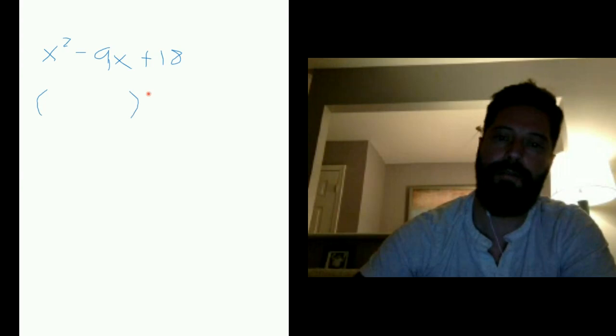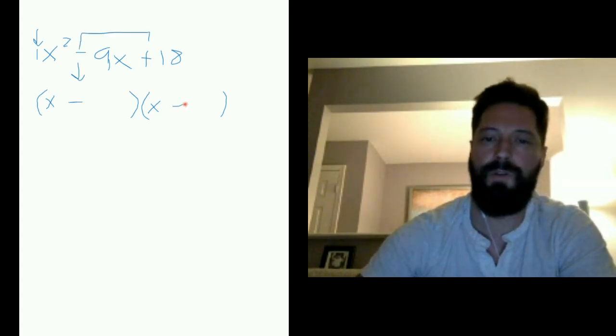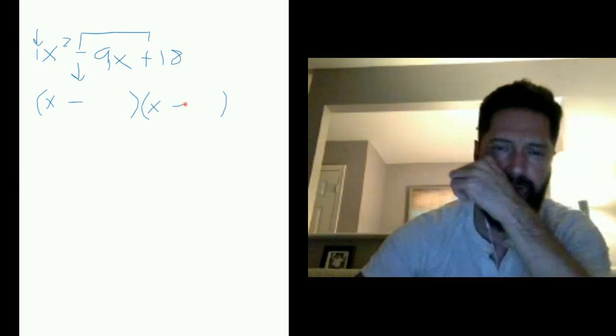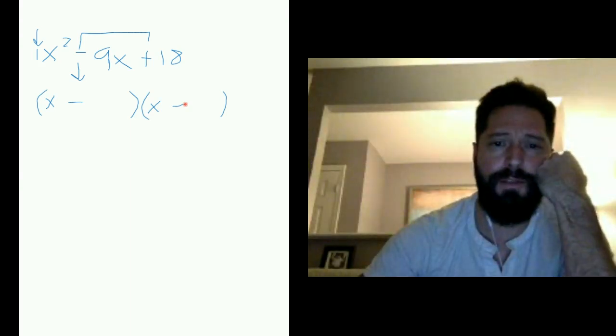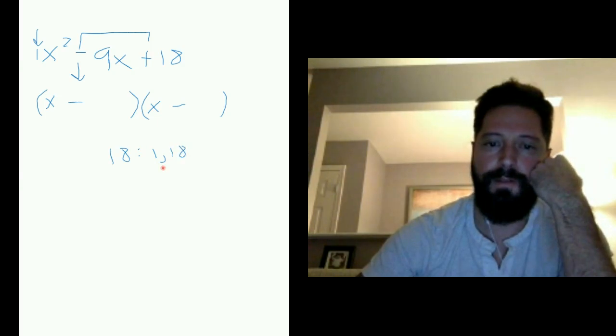So we just do x, we drop in this negative, we multiply the negative by the positive to get a negative. Say what two numbers multiply to 18 and add to negative 9. I'm going to look at factors of 18. 1 and 18, 2 and 9, that's not going to do it. 3 and 6, this will do it, because 6 plus 3. So 6 and 3, and we're finished.